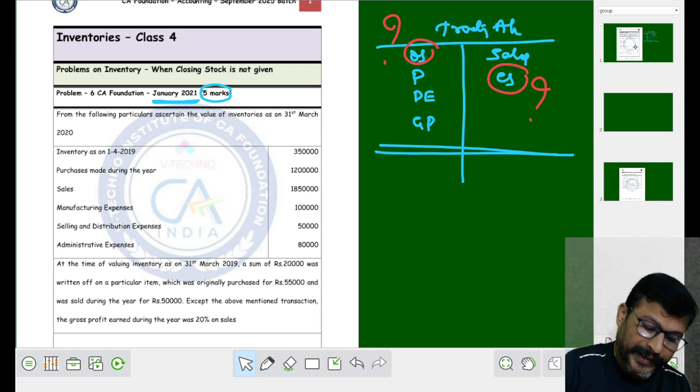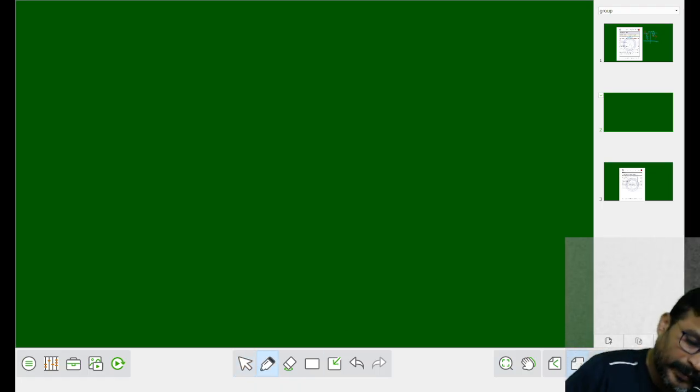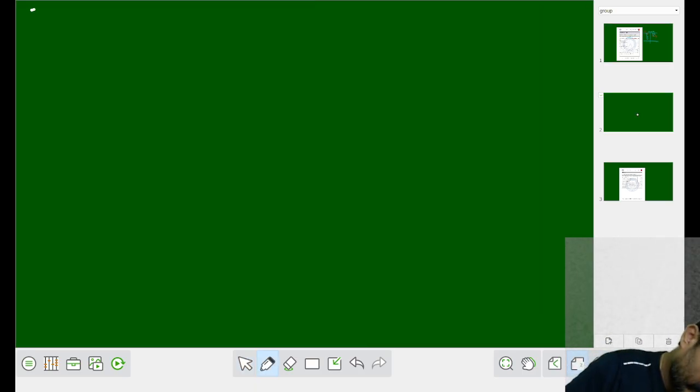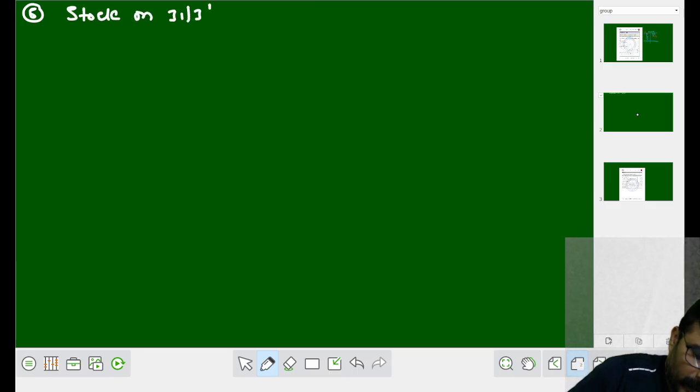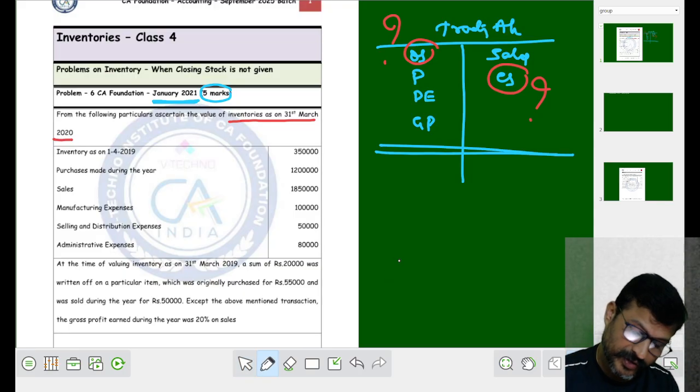From the following particulars, ascertain the value of inventory on 31st March 2020. What we have to calculate? We have to ascertain the stock. This is problem number 6, right? Problem number 6.